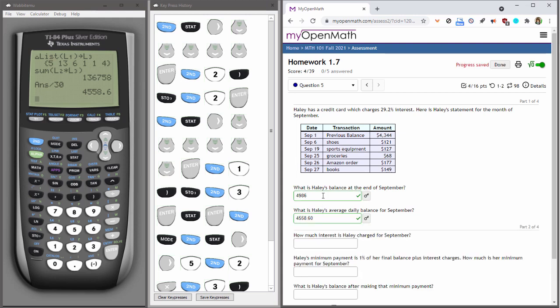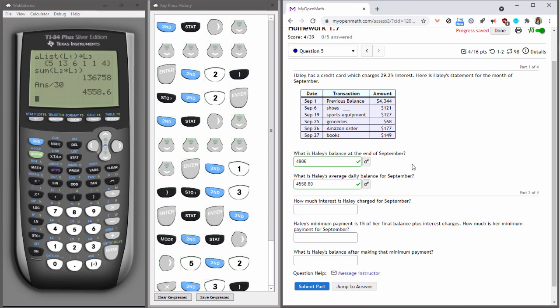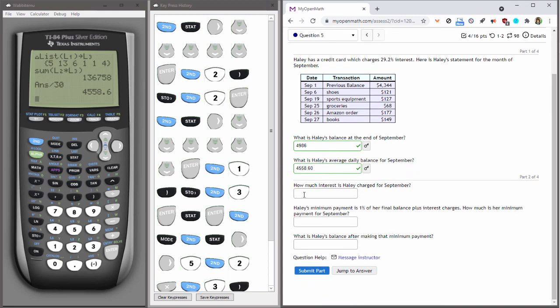Now, once we've submitted those, we are given the next part, where we're looking at Haley's minimum payment for September. So, how much interest is Haley charged for September? The interest for September is 1 month of simple interest at our given interest rate on the average daily balance.